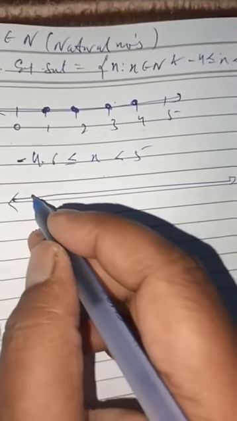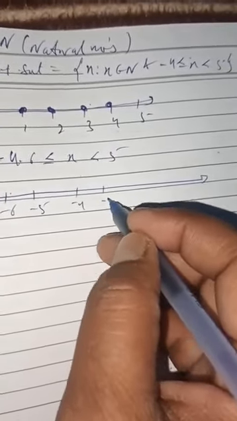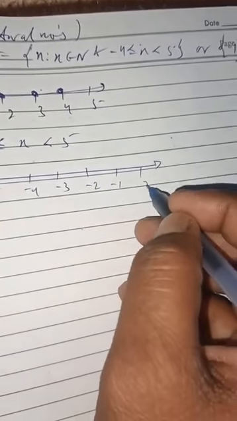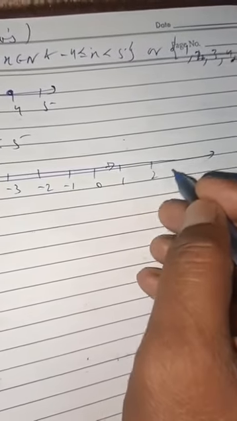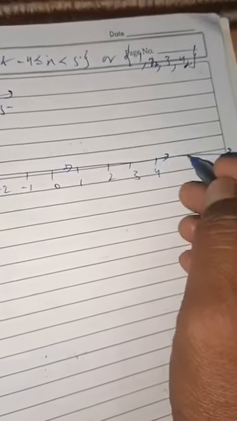So minus 6 and minus 5 and minus 4, minus 3, minus 2, minus 1, 0, then 1 2 3 4 and 5 and 6.